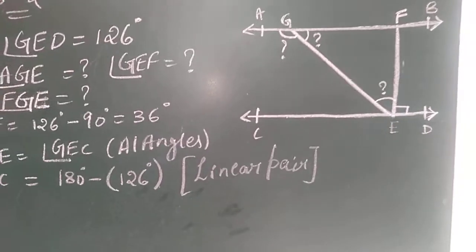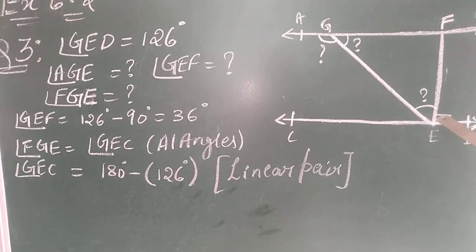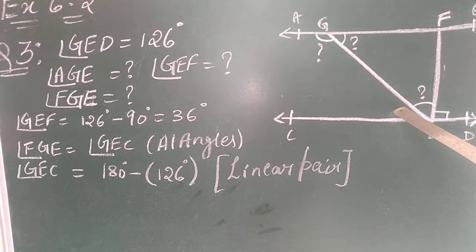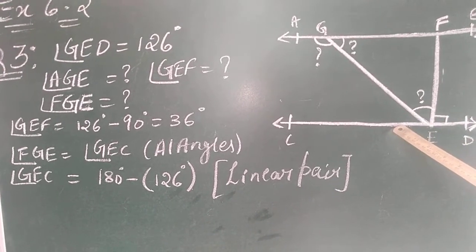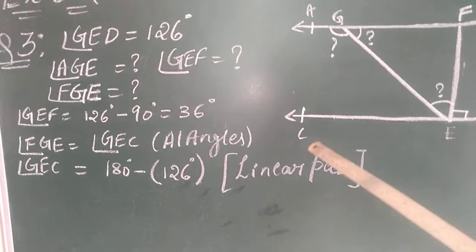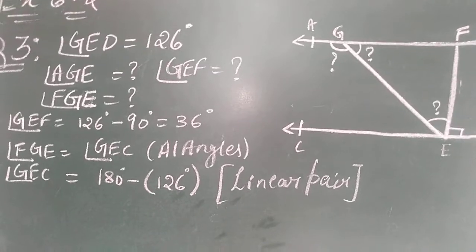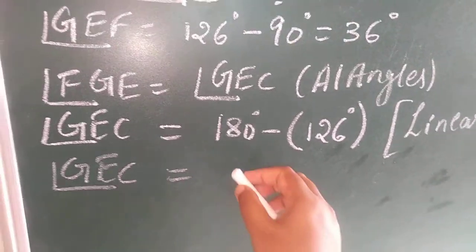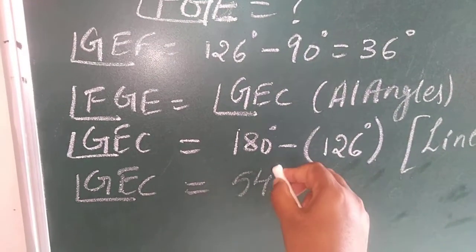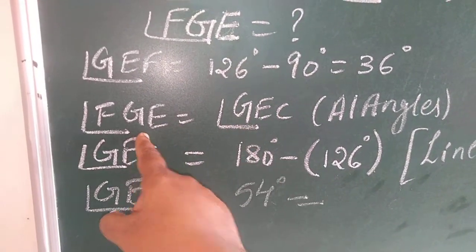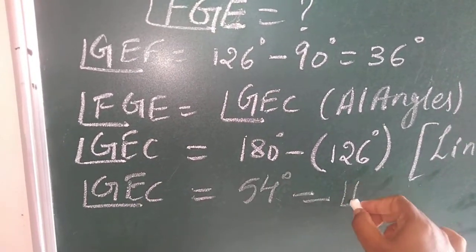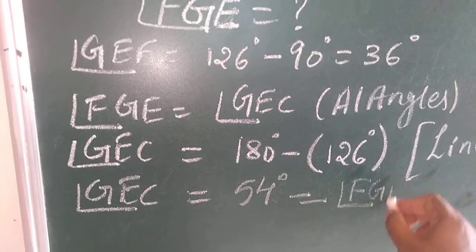So as these three angles form a linear pair, I have to subtract this total 126 degrees from 180 in order to get this angle, that is GEC. So on subtracting I will get 54 degrees, which is also equal to, see here children, GEC is equal to FGE. So we now got FGE.